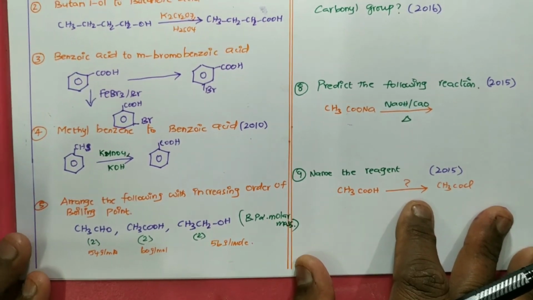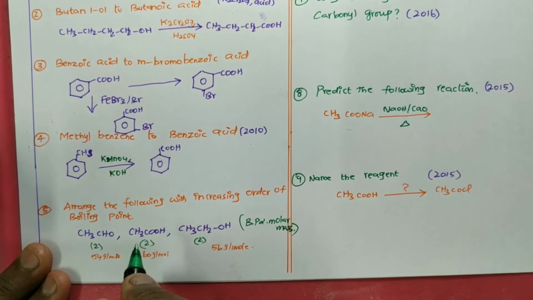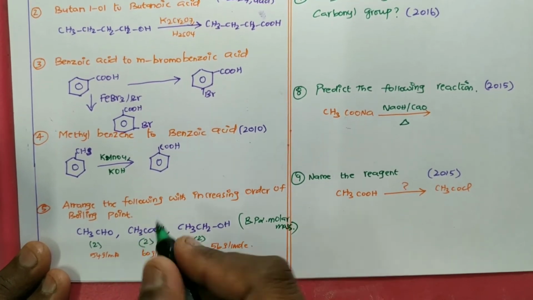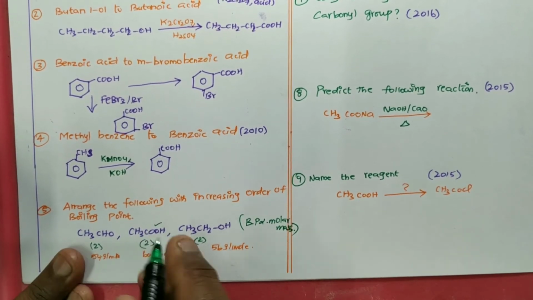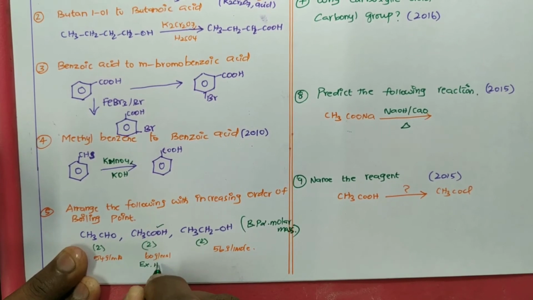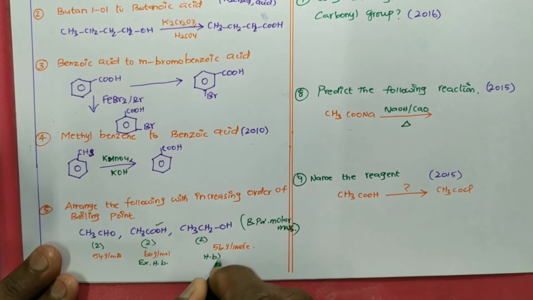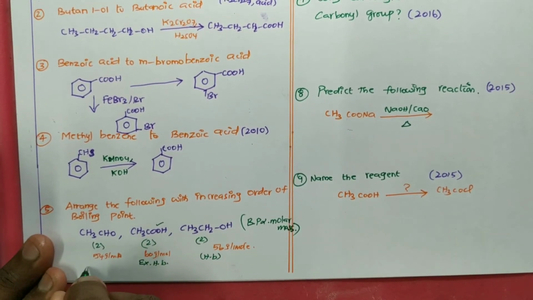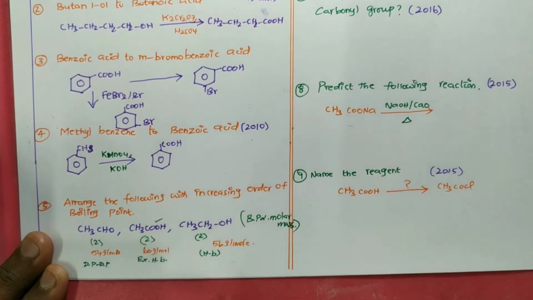That is a simple trick. And the very most important thing is we have to look at the functional group also. Here the functional group is acid. Acid has extended hydrogen bonding. But alcohol has only hydrogen bonding. But aldehyde has dipole interaction only.